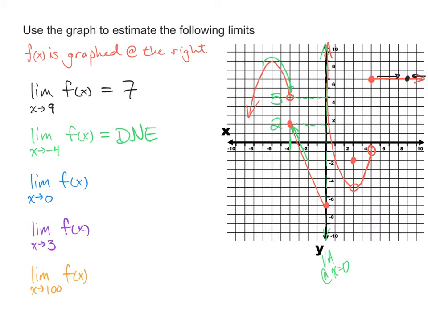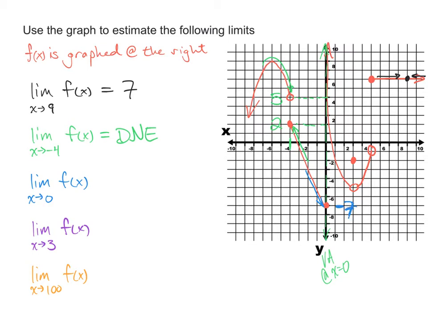So let's take a look at these last three. In this next one, the limit as x approaches 0 of f of x, we can approach 0 from the left along the graph. So here I am, I'm doing this. It looks like it's trying to approach negative 7.